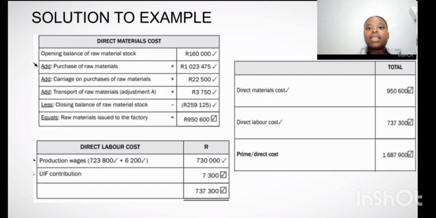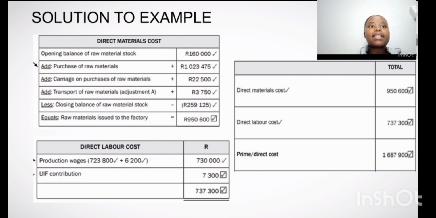Please take note that there are no returns of raw material. That is why we don't have them here. But if there were returns, we would minus them. So when we add our opening balance of 160,000 plus our raw material purchase of 1,023,475, we add our carriage on purchases of 22,500.